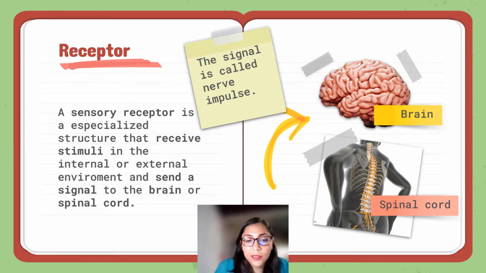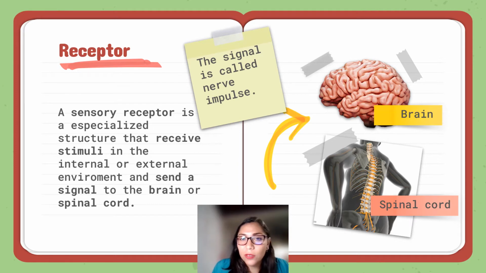So first, let's talk about receptors. A receptor is a specialized structure that receives stimuli in the internal and external environment. Remember that we can feel or perceive a stimulus in our body that is internal, for instance, pain, and we can perceive a stimulus from our external environment, like sounds, light, the smell of something.